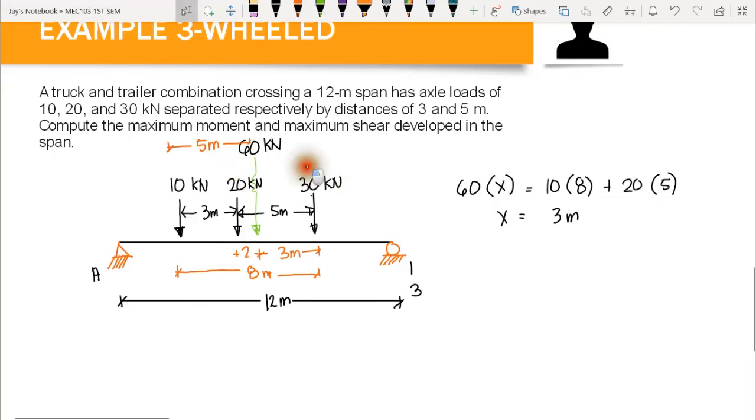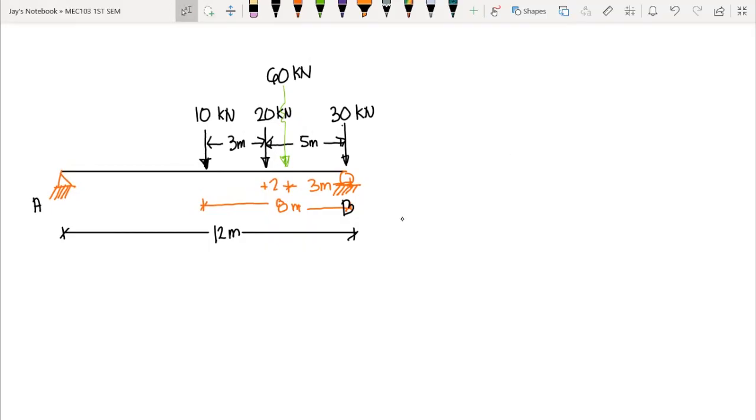Now we know that 30 kilonewton is the nearer load to 60 kilonewton compared to 10 kilonewton, since we have 3 meters distance from 30 to 60 kilonewton, while 10 kilonewton is 5 meters away from 60 kilonewton. So 30 kilonewton is the nearer axle load. So we place 30 kilonewton on support B.